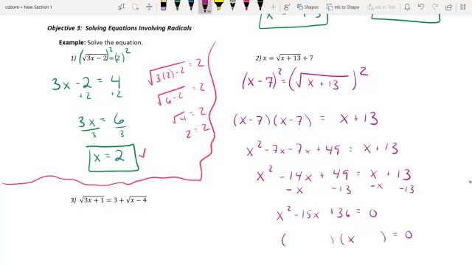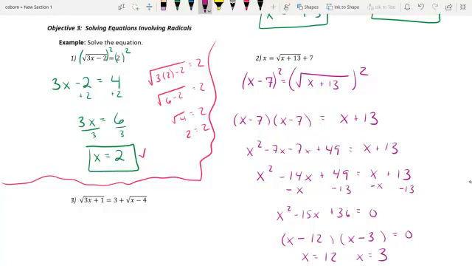So I need two values that multiply, because my coefficient in front of my x squared is 1, to give me a positive 36, but add up to give me a negative 15. So I know they must both be negative to multiply and give me a positive, but add up to give you a negative. And that would be a negative 12 and a negative 3. So my solutions are x equals 12 and x equals 3.